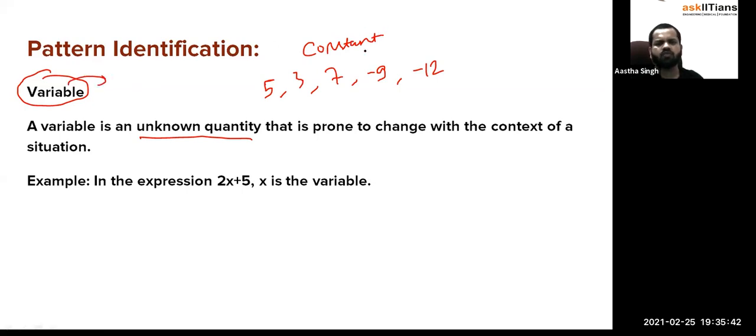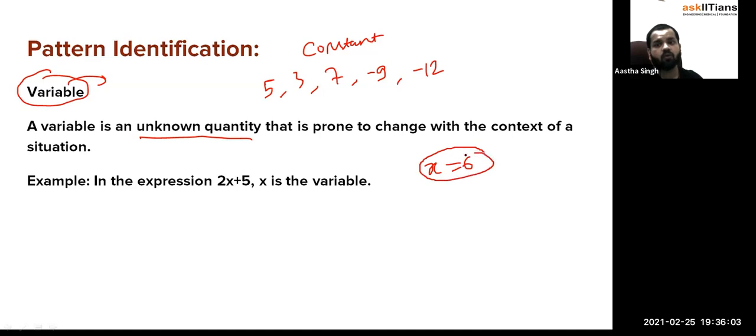Like you cannot change your 5, 5 is 5. You cannot make your 5 into your 6. I think you got the point, right? But your x is your unknown quantity. You can solve it, and like in the previous question, x was equal to 6.